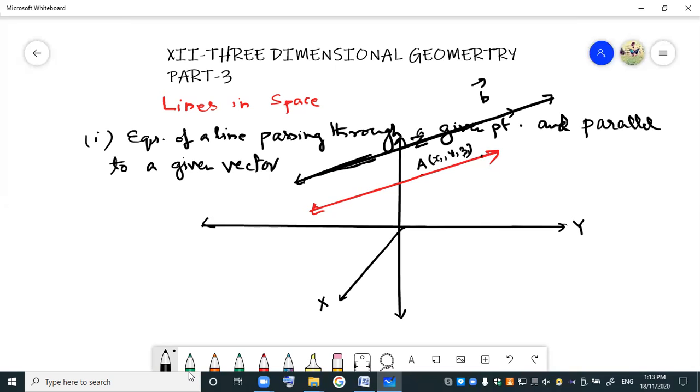So this way we will write every equation in terms of vector and in terms of Cartesian coordinate system. Every line will have some point. We can always assume some point P whose coordinates are x, y, and z, because we have to write the equation in x, y, z.